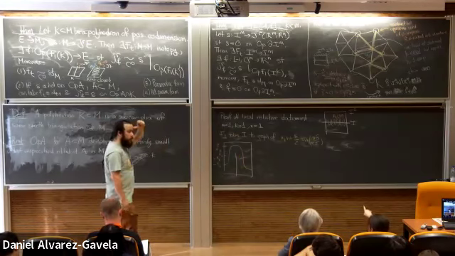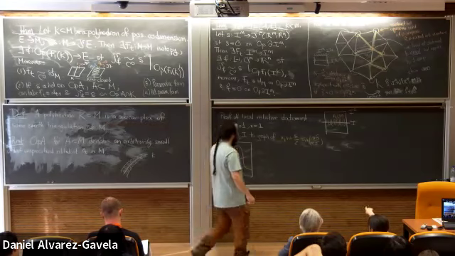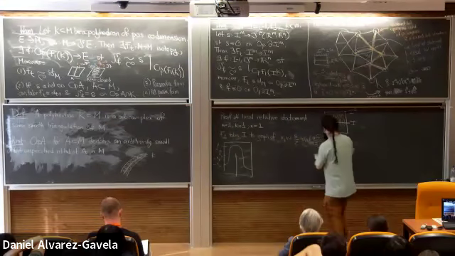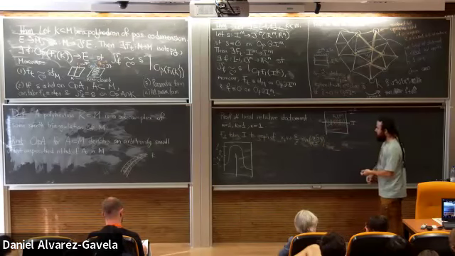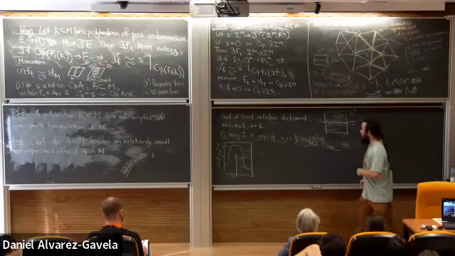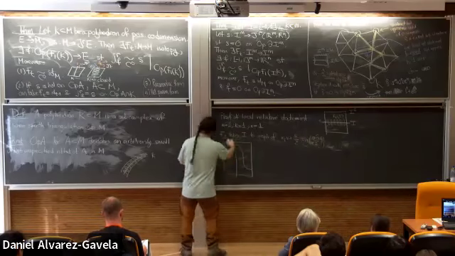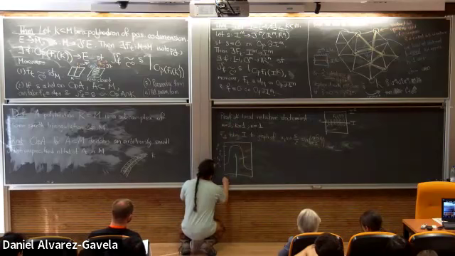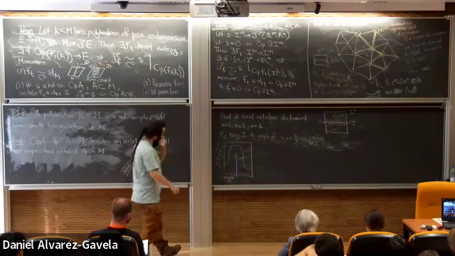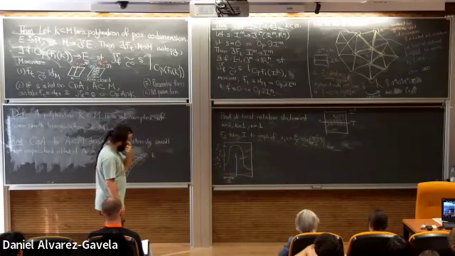Sorry, delta is x1. Okay, so that's that curve. So the height of this box is order epsilon, and the width of this box is order delta.